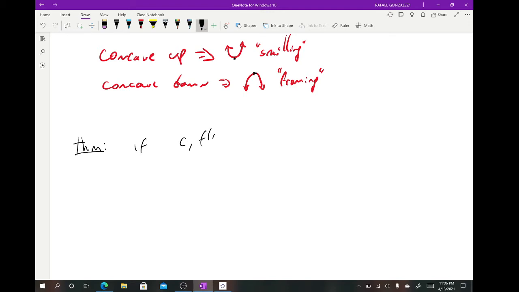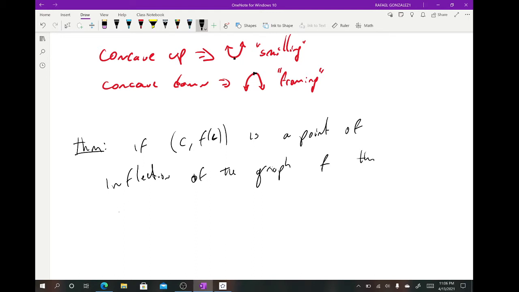So if c, f of c, meaning this particular point, is a point of inflection of the graph f, then either f double prime of c is equal to 0, or f double prime of c does not exist at x equals c.